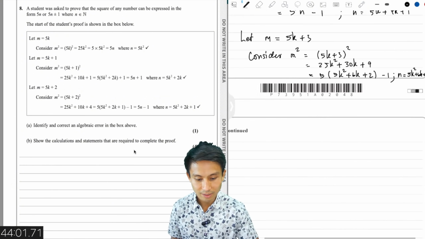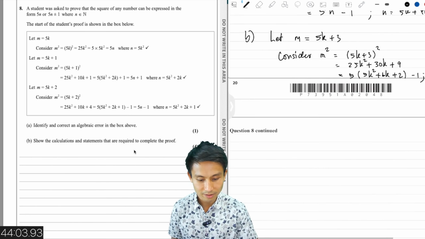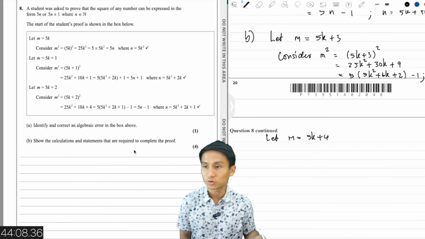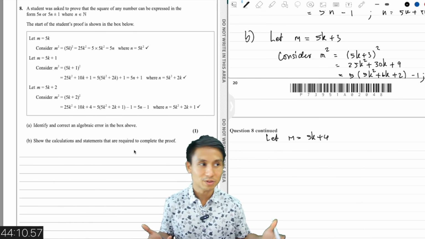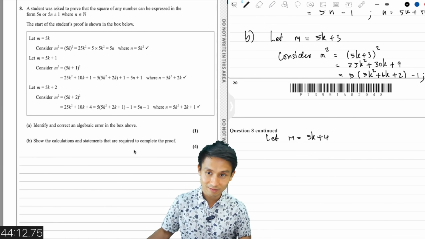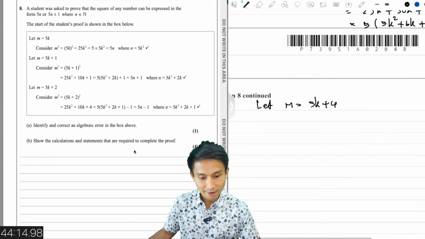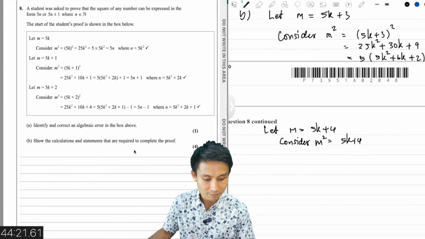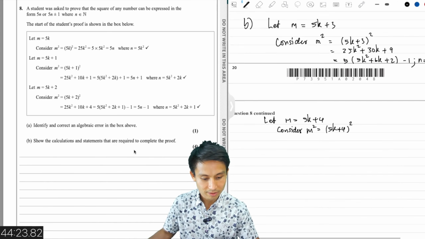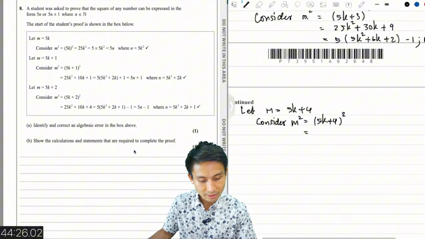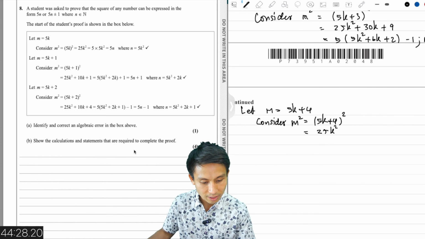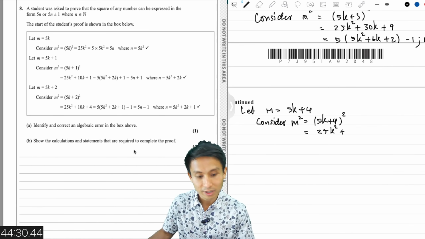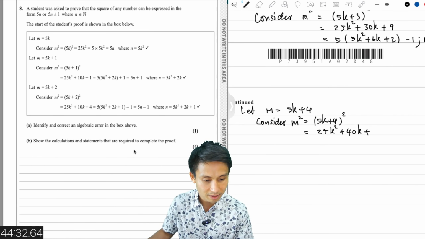Okay, and then the other case is just letting m equal 5k plus 4, and that's the last one. You can't have 5k plus 5 because that would be a multiple of 5. They already did it for you here, so we're just up to this one. Consider m squared equals 5k plus 4 squared, so that's 25k squared plus 2 times 5 times 4, that's 40k, and plus 16.